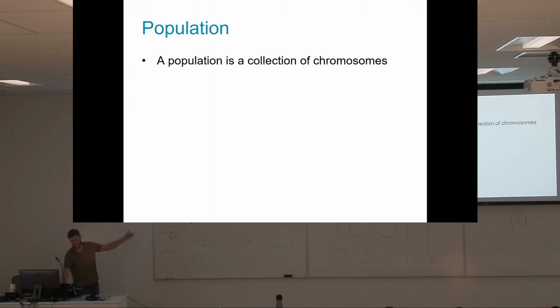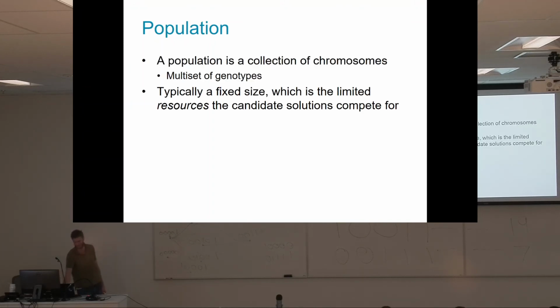All right, population: it's a collection of chromosomes, a multi-set of genotypes. I'm getting fancy with my words. A population is typically a fixed size; if I'm ever writing one, my population size is 100, but that doesn't need to be the case.